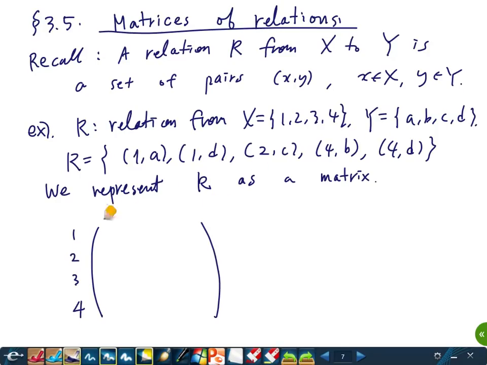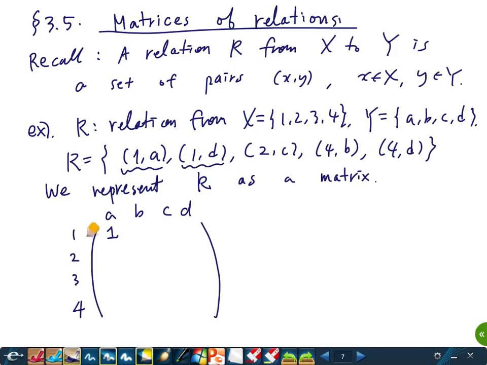Labels of the columns will be the elements of Y: A, B, C, D. And whenever there is an element (x, y), fill the entry (x, y) with 1. For instance, (1, A), so row 1, column A. Find that entry and fill it with 1.